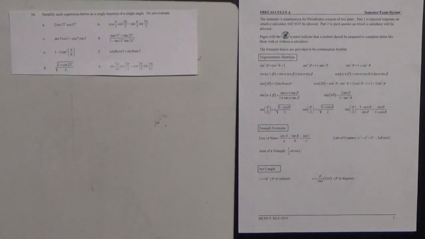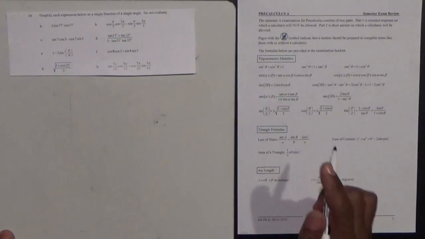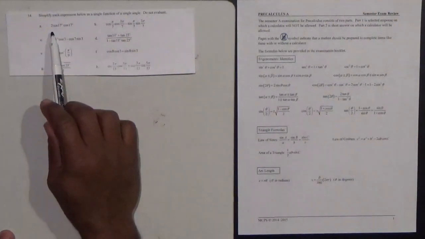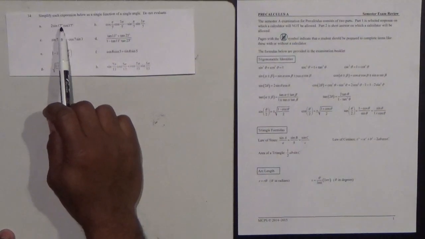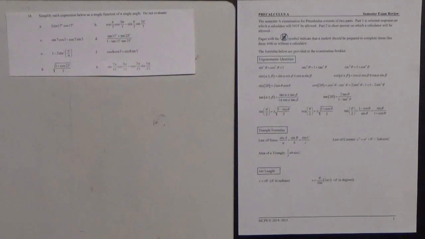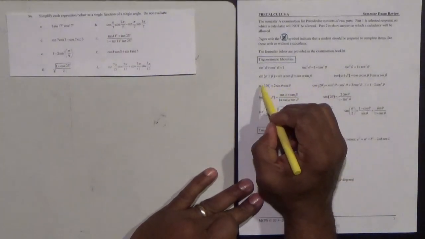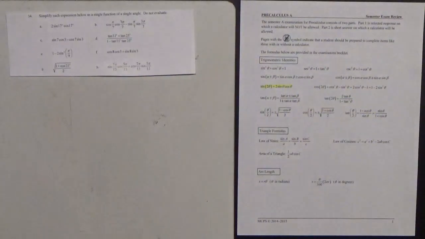All right, with problems number 34, you need your exam review sheet. You might need some of your trig identities to determine which identity you're using in order to simplify this. So I see 2 sine 17 degrees, cosine 17 degrees, and it reminds me of the double angle sine, where that's theta.